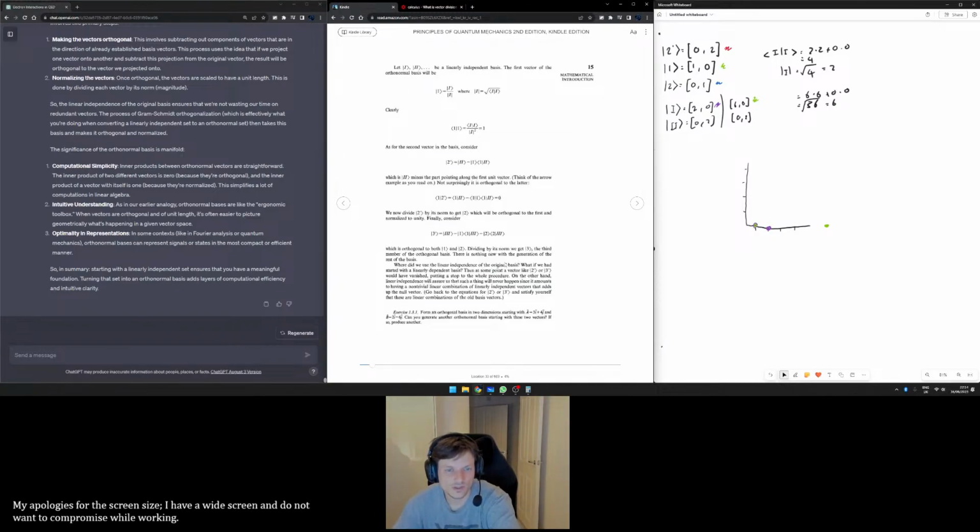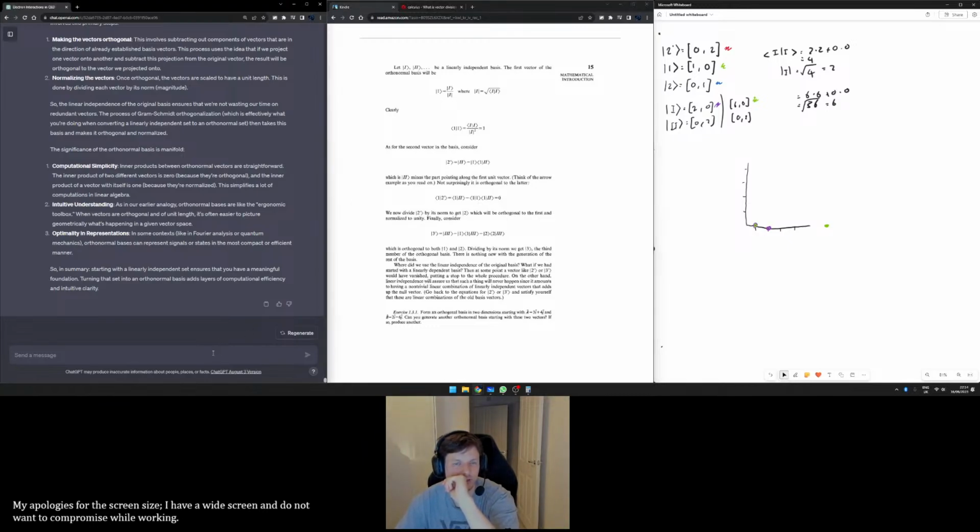And then it says, what if we had started with a linearly dependent basis? Well, in that case we wouldn't end up with orthonormal bases.